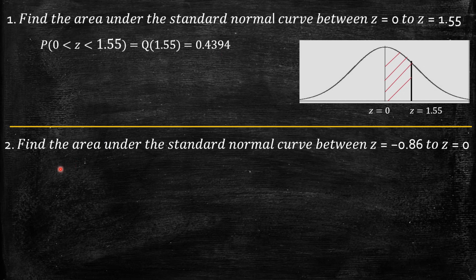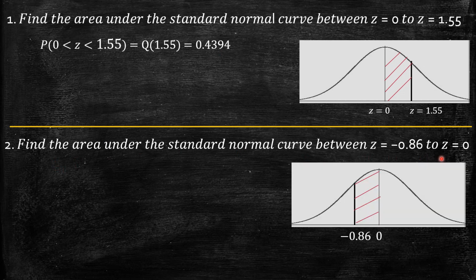Now the second one: find the area under the standard normal curve between z equal to minus 0.86 to z equal to 0. So the area varying from minus 0.86 to 0 is the region whose area we want to find. If I want to use the standard normal table, which provides only positive values, we can use the property that it is symmetric.